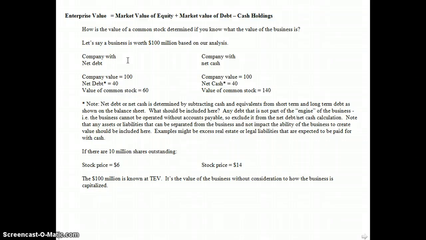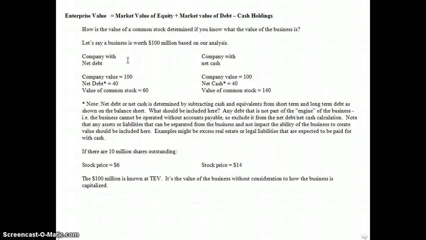On the right column, we have an example of a company with net cash. So here the company has a value, again, of $100 million, and the company has $40 million in cash. It may have some debt, but it also has additional cash. So it could have $140 million of cash, and it could have $100 million of debt, and you simply net the two together. That's how the net cash is determined.